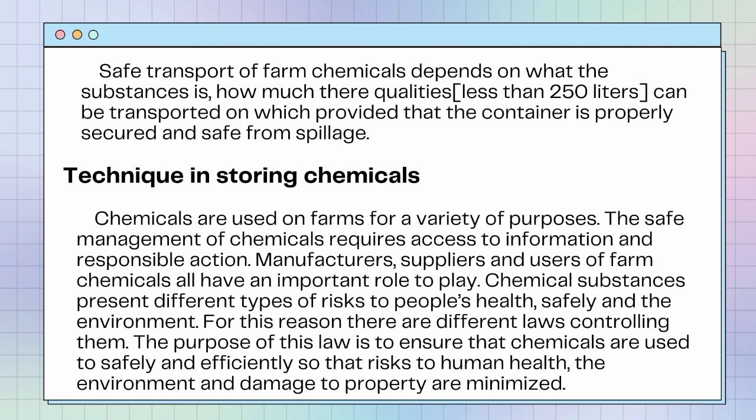Chemical substances present different types of risk to people's health, safety, and the environment. For this reason, there are different laws controlling them. The purpose of this law is to make sure that chemicals are used safely and efficiently so that risk to human health, the environment, and damage to property are minimized.